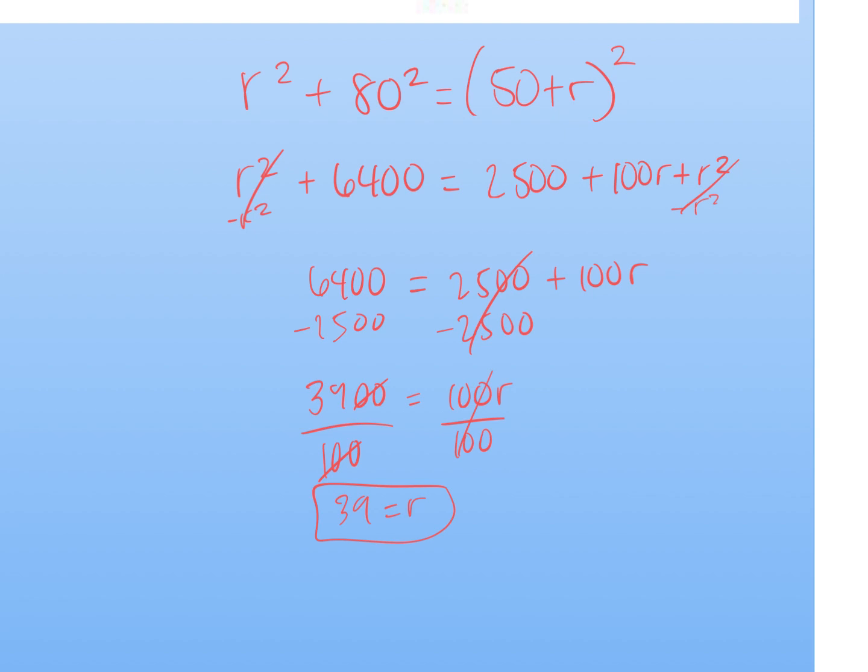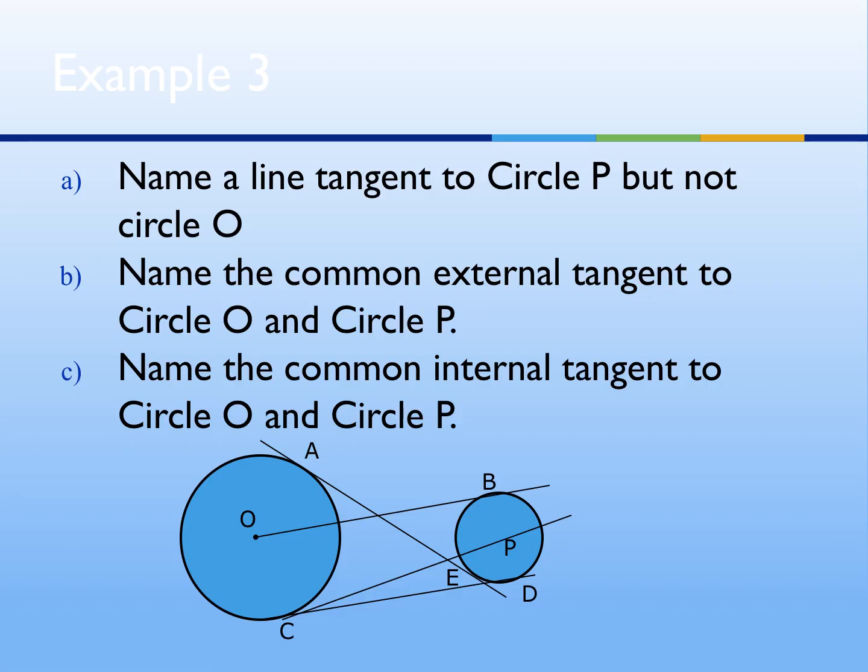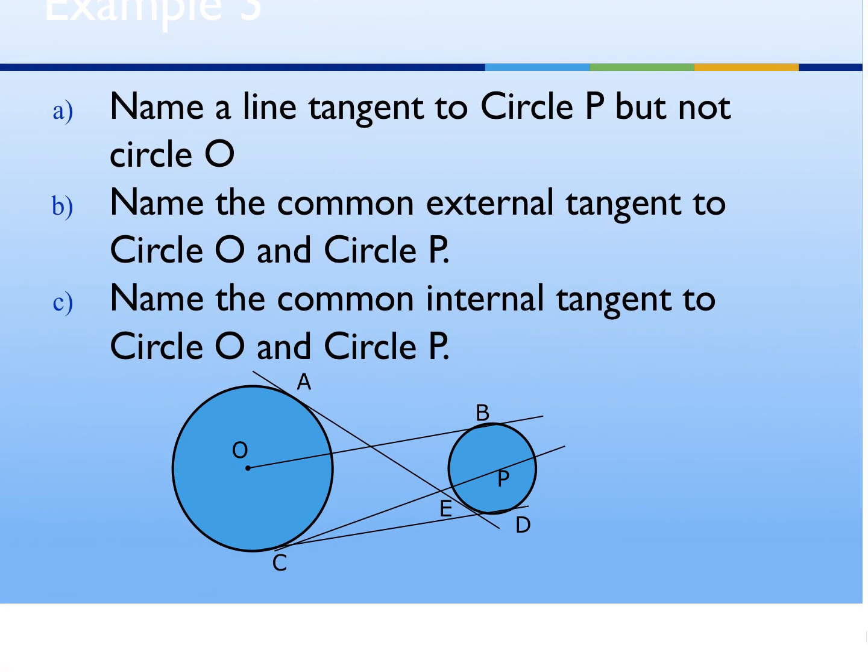We're okay? All right. I want you to go down to example 3, please. We'll go back to example 2 in a moment. In example 3, it says name a line that's tangent to circle P, but not tangent to circle O. It's got to be tangent to circle P, but not tangent to circle O. OB is correct.